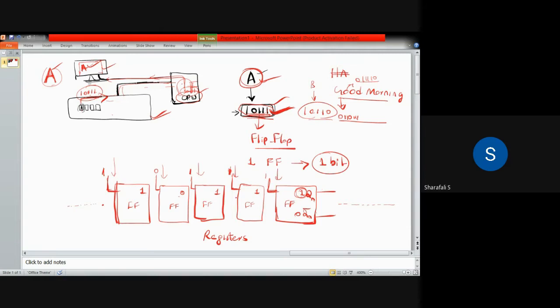The flip-flop is a 1-bit memory device or memory cell, you can say. And in order to increase the capacity, we have to use a group of flip-flops. Such a group of flip-flops is known as a register.